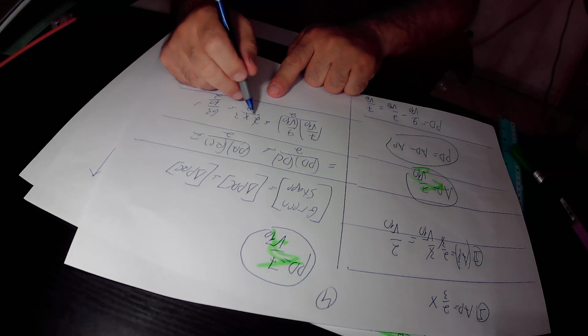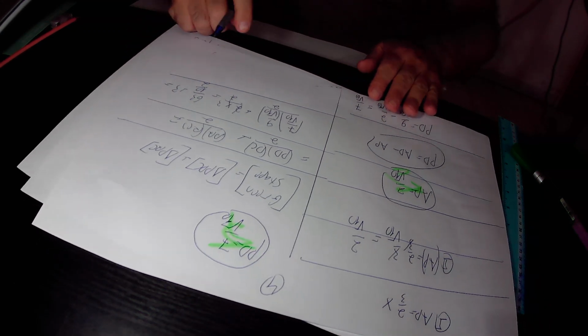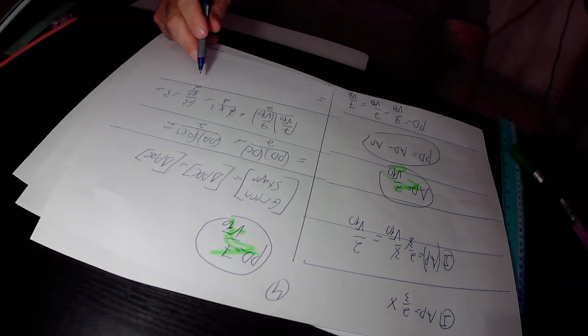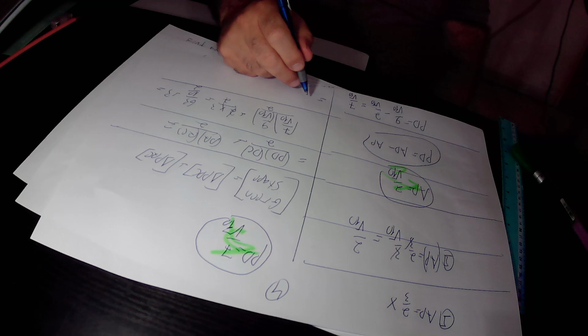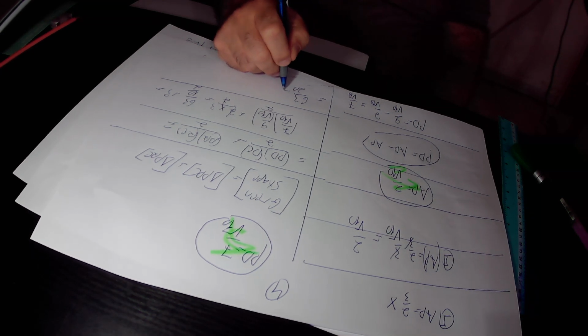Those 2 get cancelled and we are left only with 3. So in total, the area of the green shape equals 63 over 10 over 2, which is 63 over 10 times 2, that is 63 over 20, plus 3.